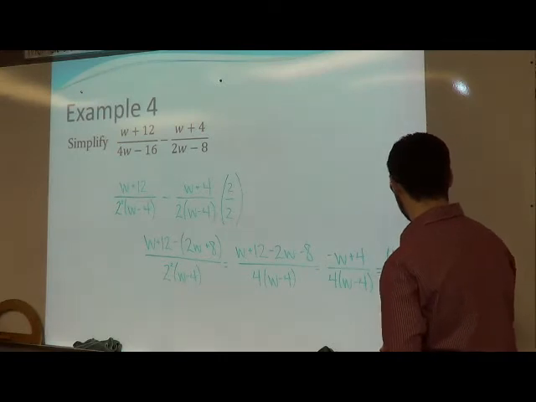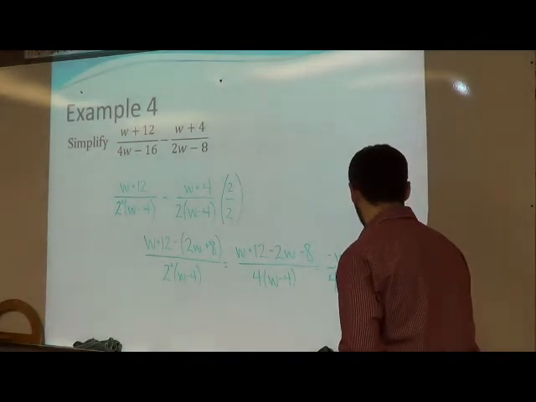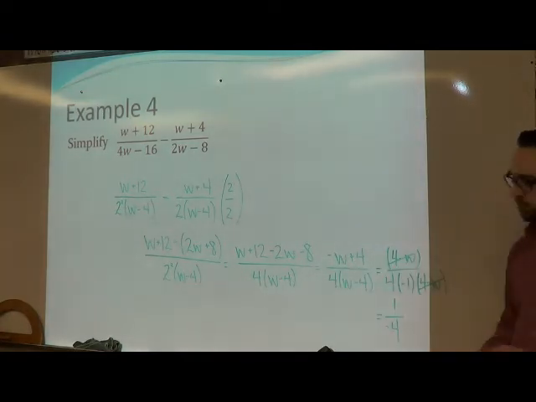And now I can reduce by canceling those and just be left with 1 over a negative 4. So that whole problem ended up reducing to a negative 1/4. And again, that's just a lot of fraction work with combining like terms, a lot of algebra in there with simplification. There's a lot of little things in there that we've been working on, we've been putting together, that are all kind of coming around into these problems.